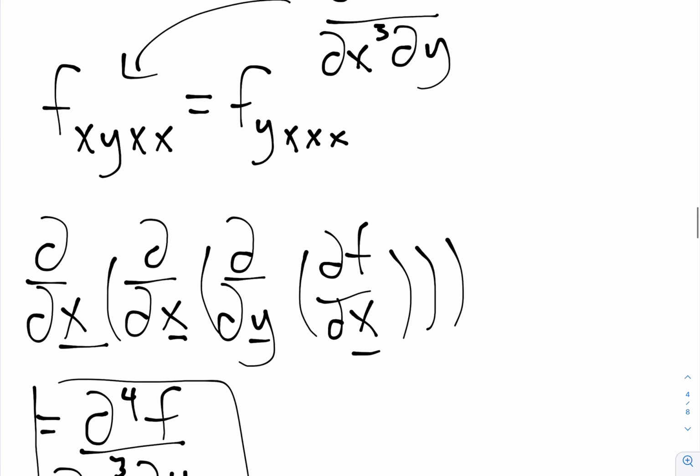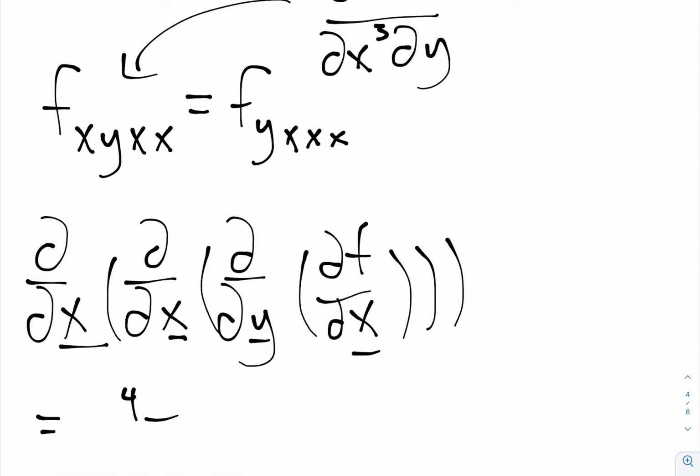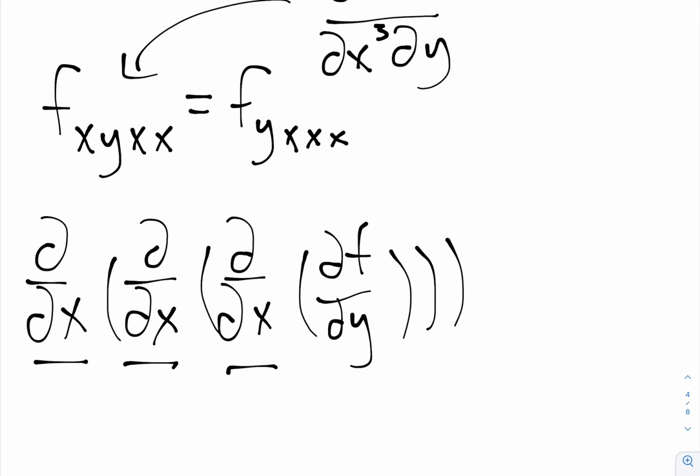Okay, so now that we figured that out, let's do it with the switched order. The way I've written it here, f sub y x x x, we just switch the order that the x's and y's are in. So the y is going to be on the very inside. So partial f by partial y. And then as we move to the left, we're just going to add an x each time. So we're really taking partial by partial x of partial by partial x of partial by partial x of partial f by partial y.